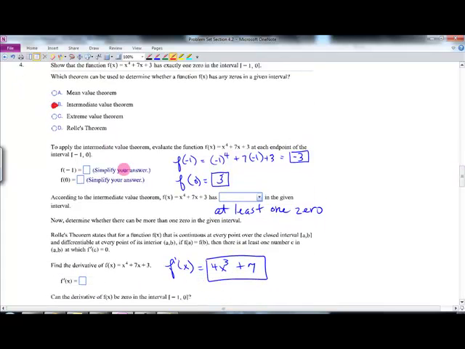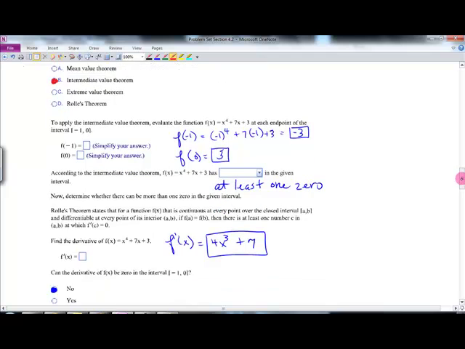To apply it, you want to evaluate at each endpoint, and you're looking to see if there's a change in sign. So f of -1 is -3, f of 0 is +3. Since there was a sign change, we know there's at least one solution or zero in there. This would be a pull-down menu, and at least 1 zero would be one of the choices.